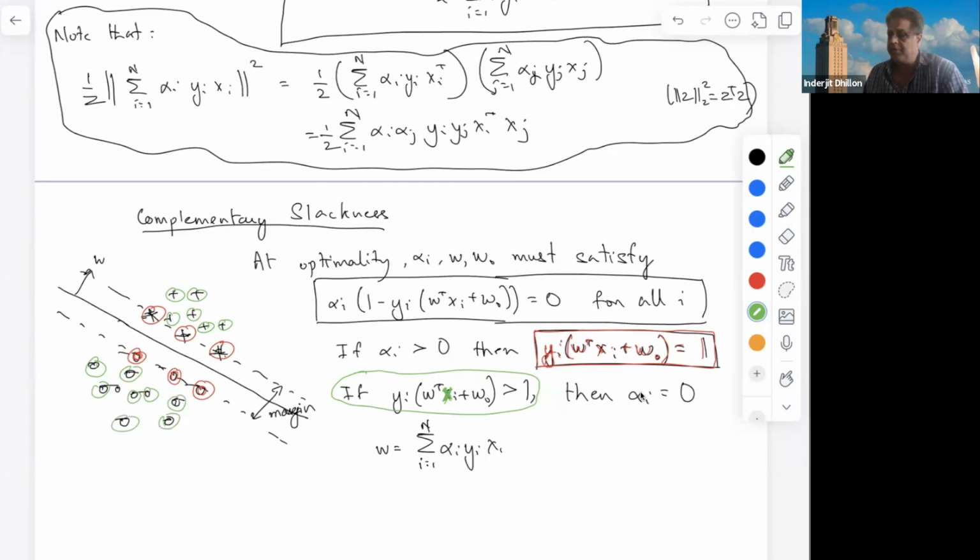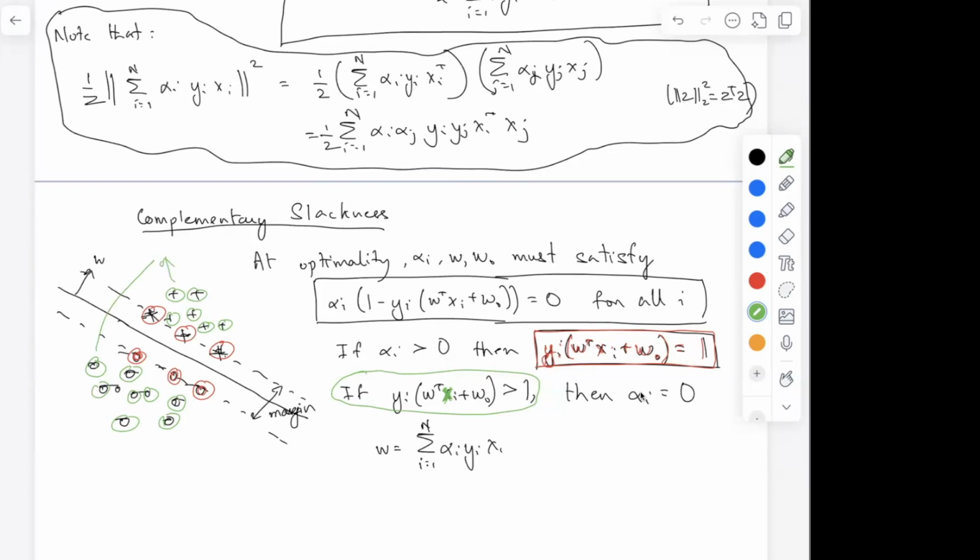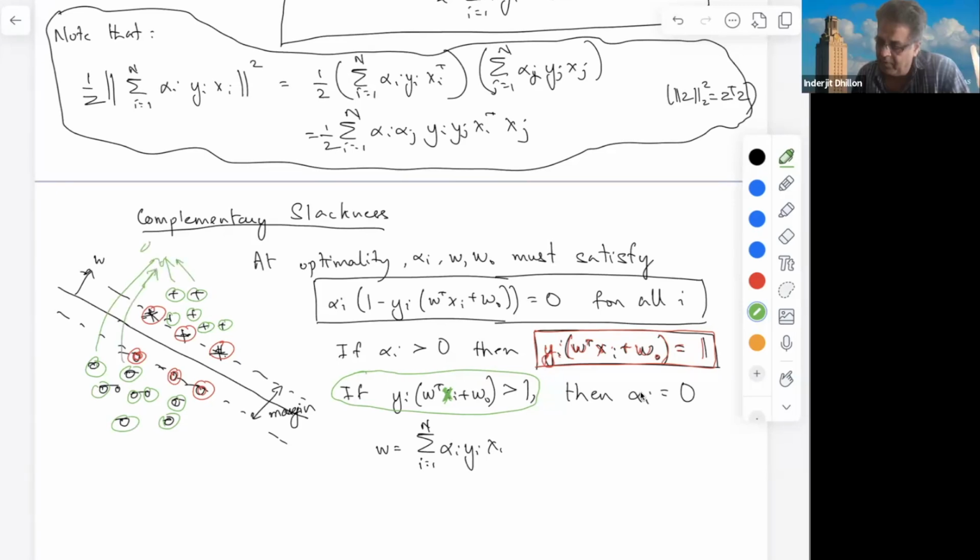And if they don't lie on the margin, it means what? Alpha I for them is equal to 0. Alpha I equals 0. Oh, sorry. Yes, alpha I equals 0, right?